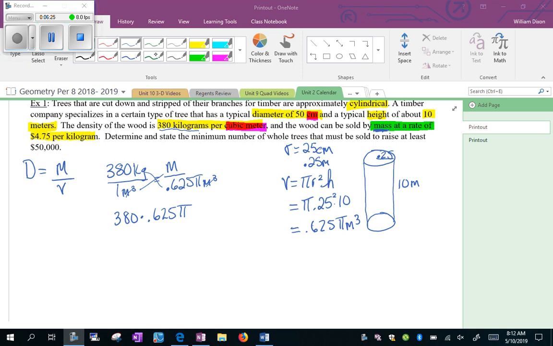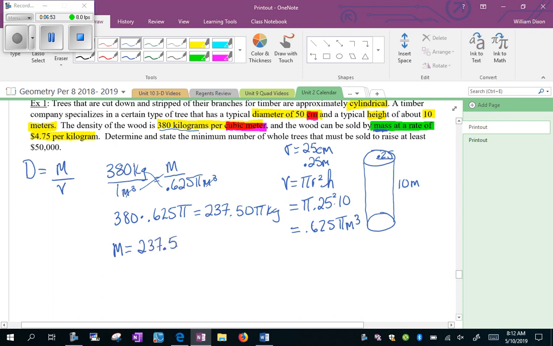So our answer is 237.5 pi kilograms. That's exactly what we want, because we want to know the mass of one tree. So the mass equals 237.5 pi kilograms for one tree.